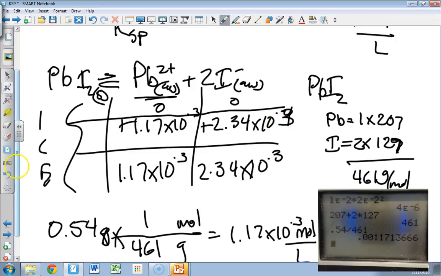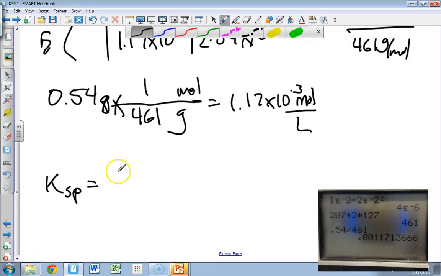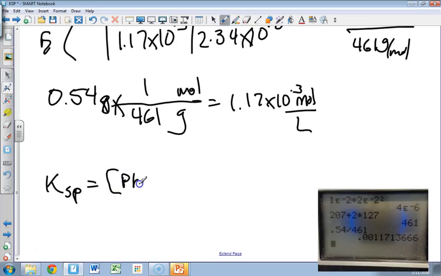So, okay, so now we calculate our KSP. KSP equals 1. Let me not jump ahead here because you haven't seen this enough. So this is the concentration of Pb2 plus times the concentration of I minus squared, right?